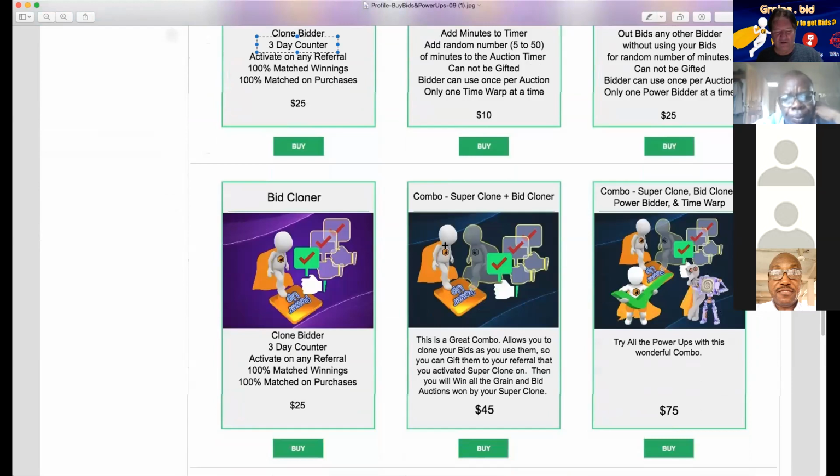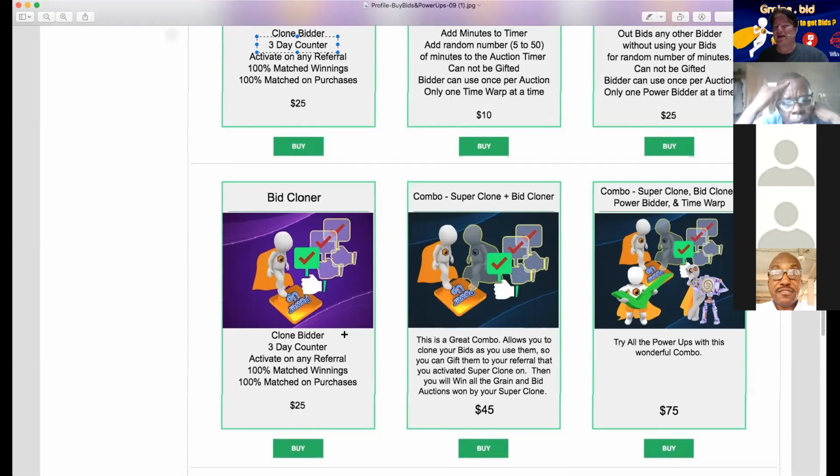Now, Bid Cloner. This means if you implement Bid Cloner, let's say I have 600 bids, right? And I went through all 600 bids, but I had Bid Cloner active. Those 600 bids become cloned bids and are available for gifting.